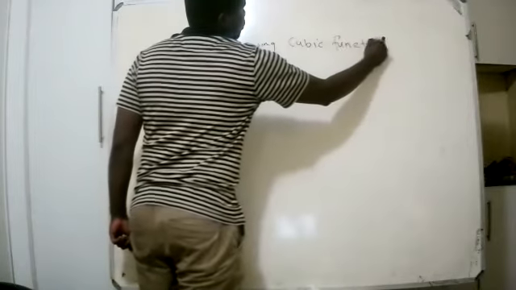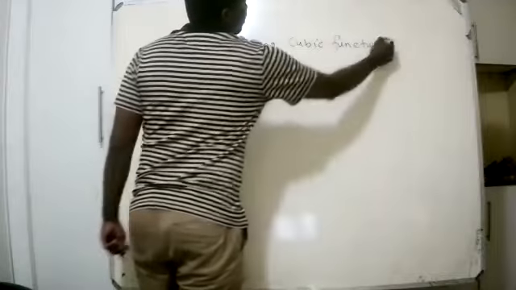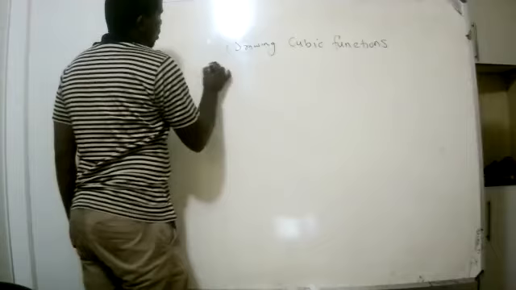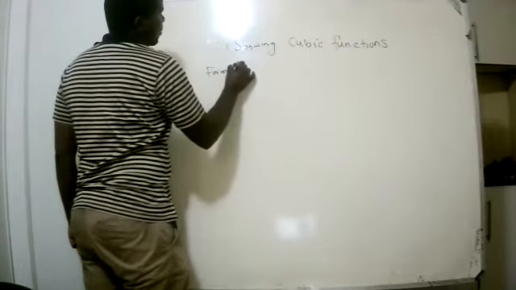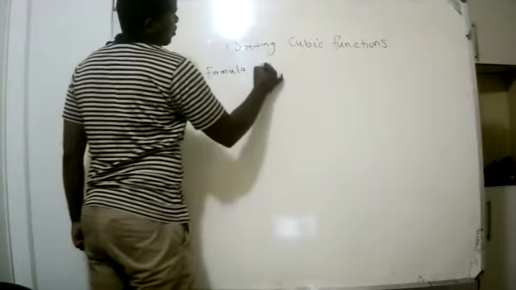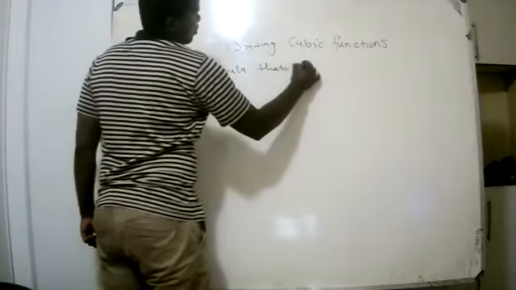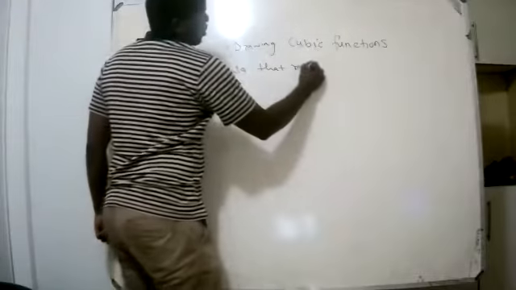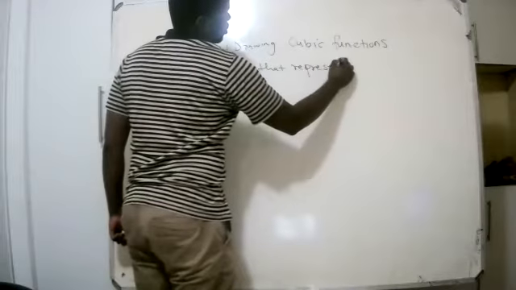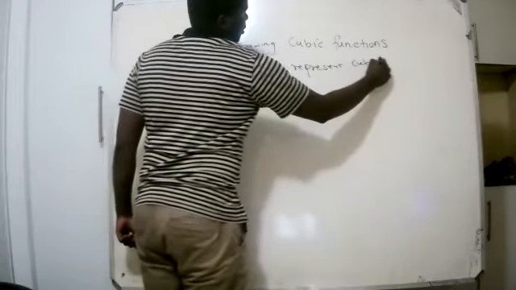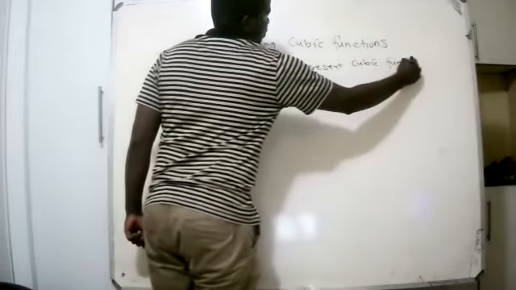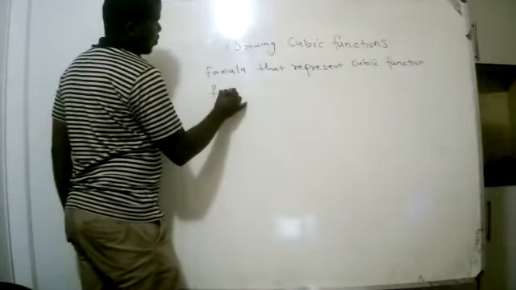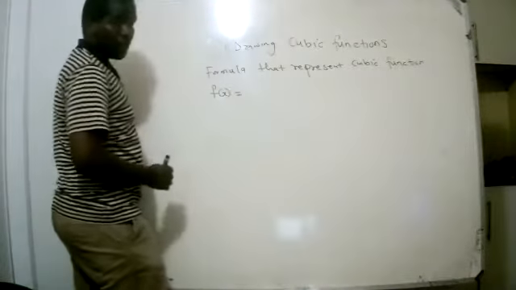The very first thing which you need to know is the formula that represents the cubic function. Cubic functions are given by this simple formula, which I'm going to write for you now.